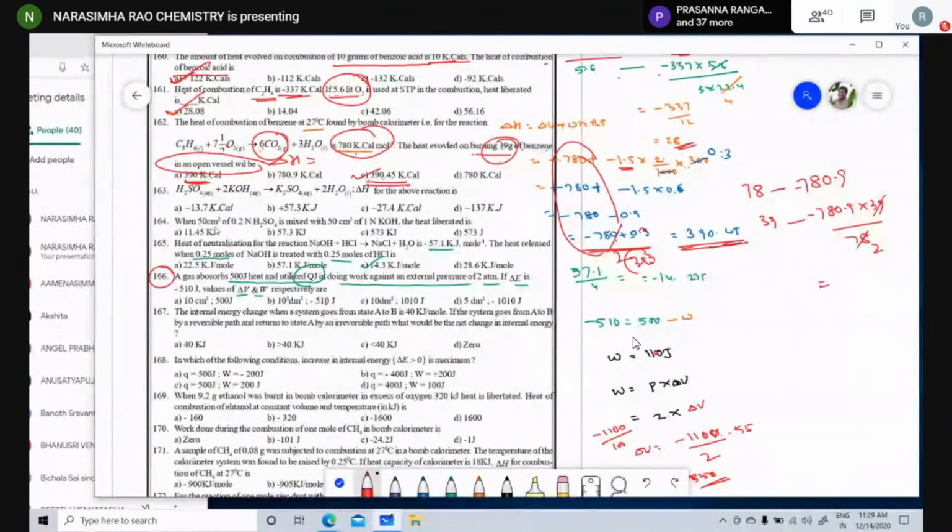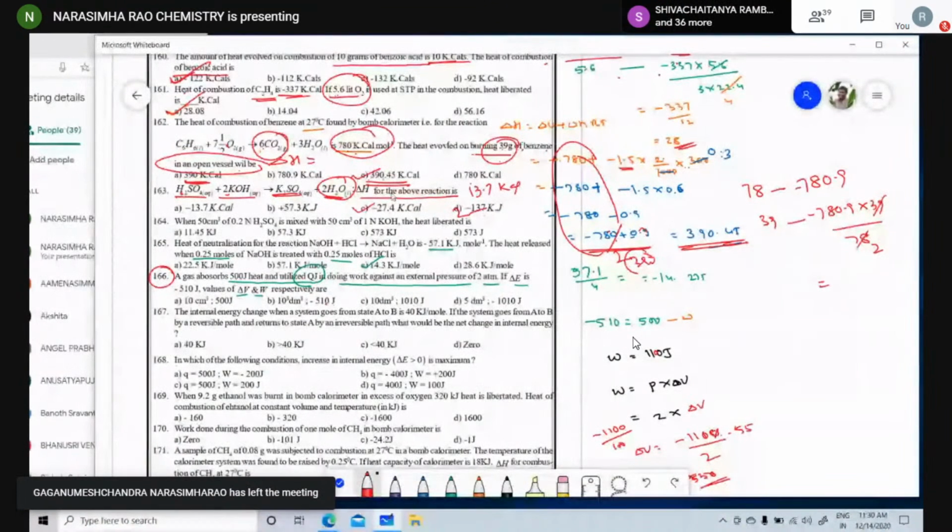Next, 50 cc. The question is asking: H2SO4 plus 2KOH gives K2SO4 plus 2H2O. Delta H in the above reaction is? This is a strong acid and strong base, forming 2 moles. 1 mole forming 13.7 kilocalories, 2 moles forming, okay? 27.4.